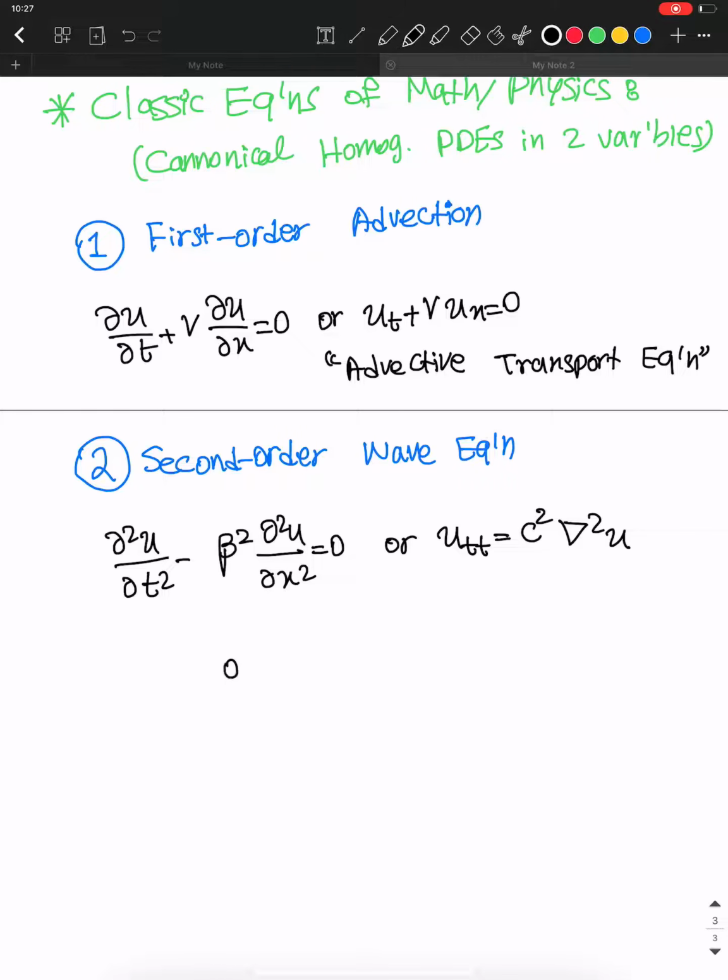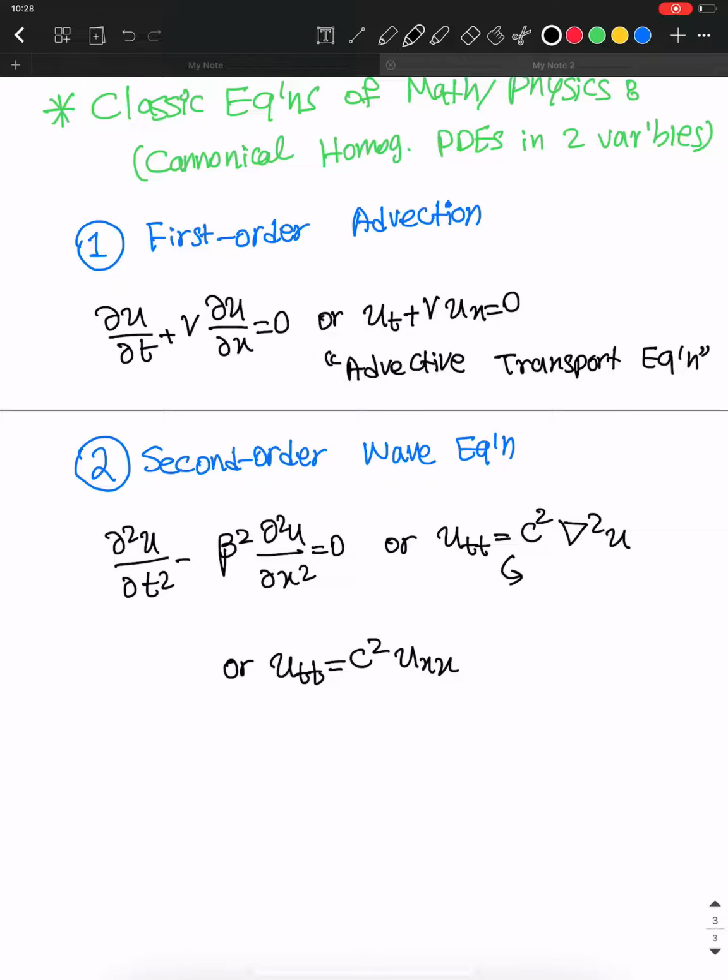Or if we only consider one direction in space, we can simplify it to utt equals c square uxx, instead of grad u, which can be a general function of any dimension in the space that you have, or even higher dimensions. So just one dimension.